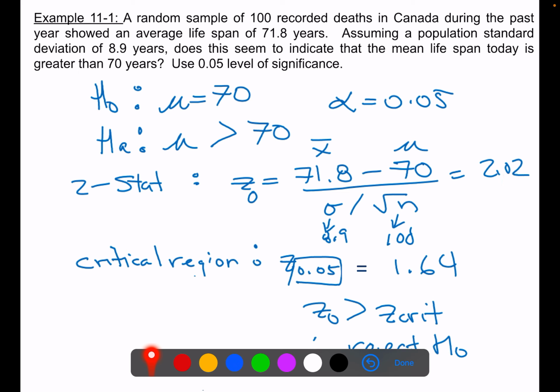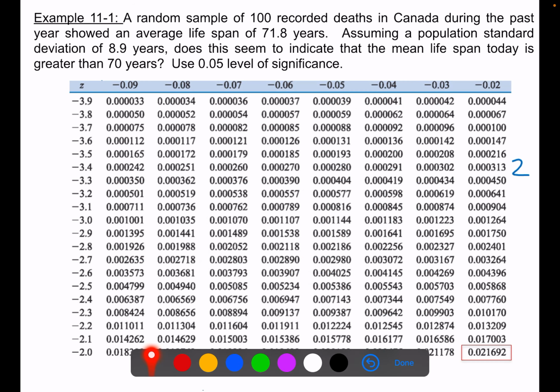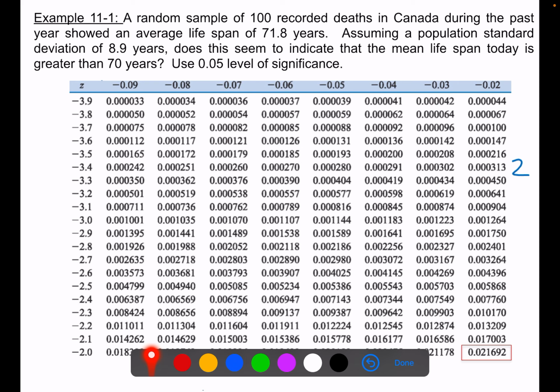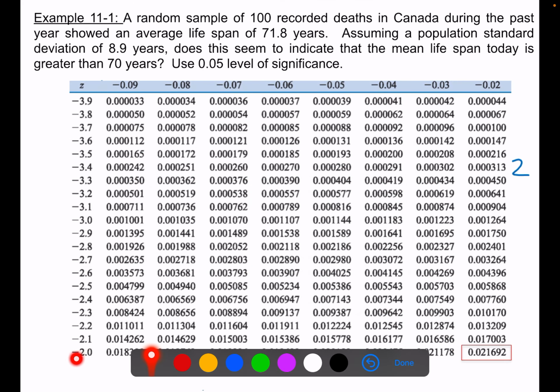Basically the Z that we got is 2.02. And when we look at the table for minus 2.02, we have this probability, 2%, right?